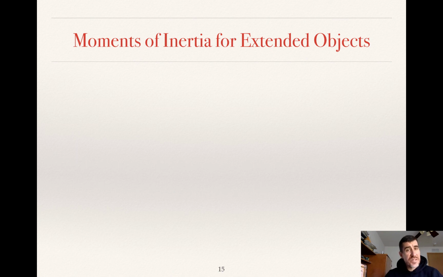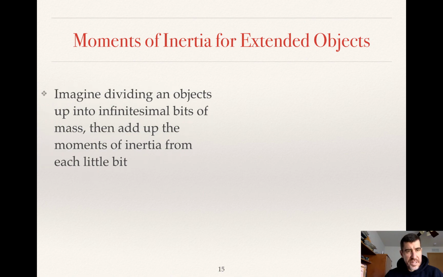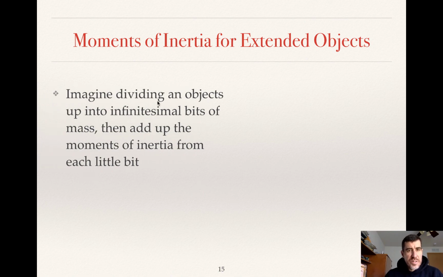Now, if you have an extended object, a rod or a sphere or whatever it is, the thing to do is to imagine dividing it up into infinitesimal little bits of mass. So you take your extended object, say your pencil or your rod, slice it up into a million little infinitesimal bits, and then treat each one of those bits as a particle.